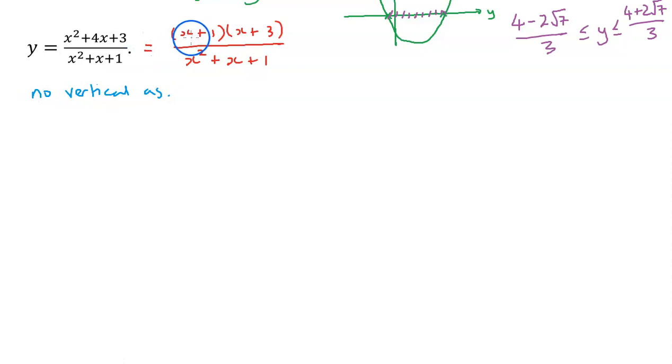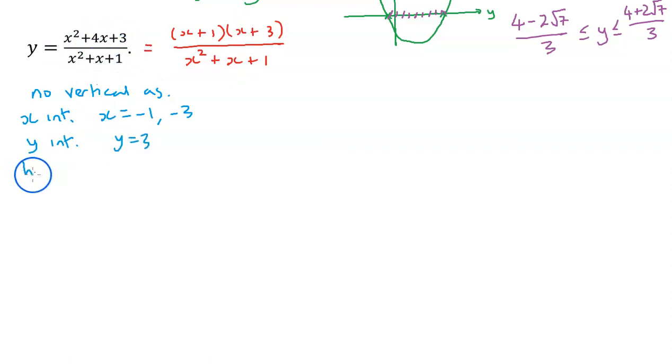The x-intercepts, where y equals 0, are when x equals -1 or -3. The y-intercept is when x equals 0, which is clearly y equals 3.